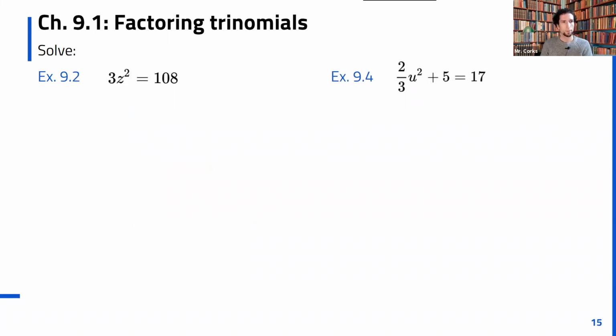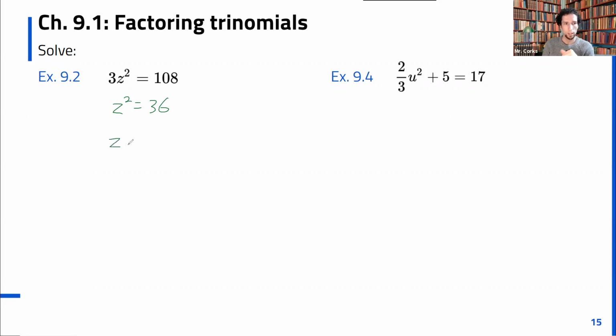If I have something like this, 3z squared equals 108, how could we solve? Divide both sides by 3. So z squared is equal to 36. 36, 72, 108, that looks okay.